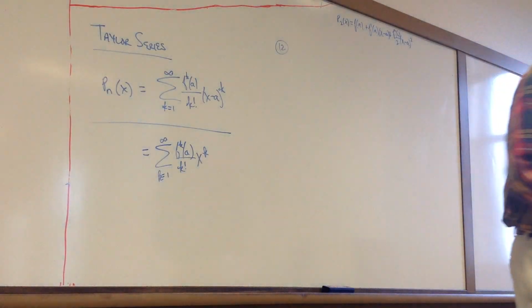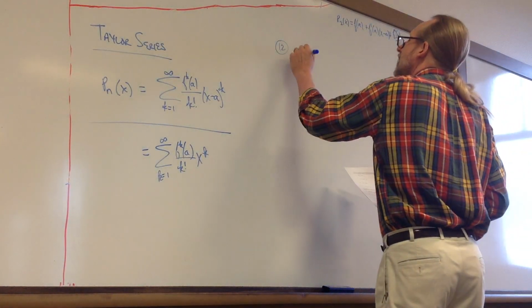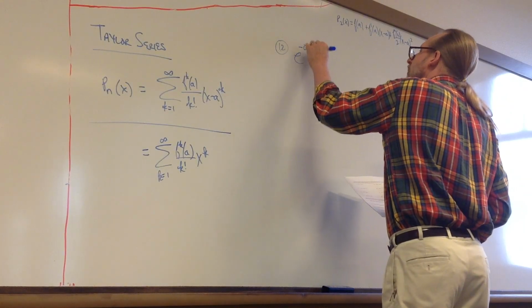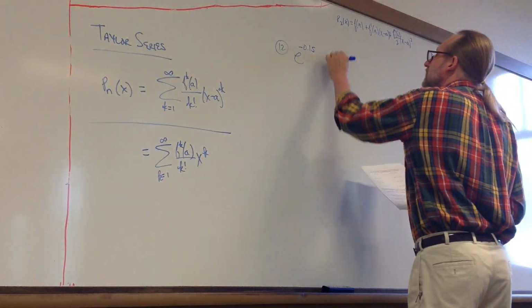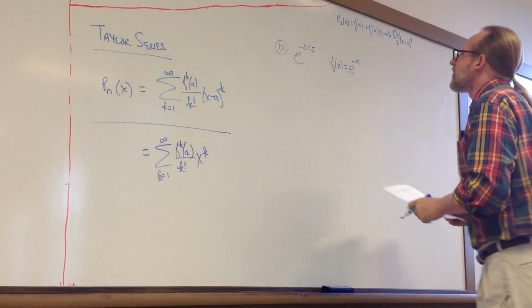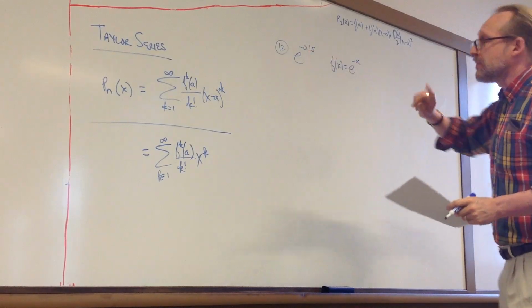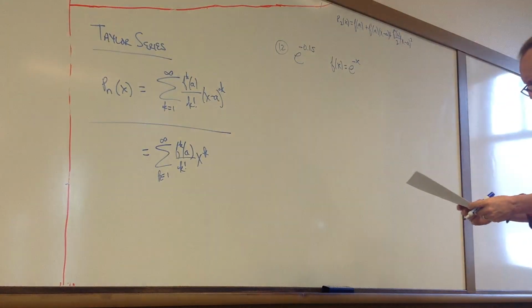Problem 12. Let's see here. We want to calculate e to the minus 0.15 power. And we're going to use f of x is equal to e to the minus x. So the minus is already in the formula. Our x value in this is just going to be 0.15.